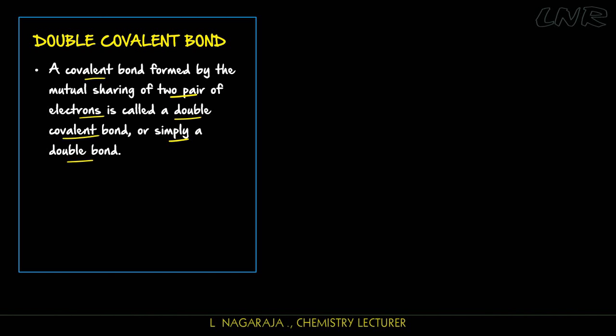For example, let us take the carbon dioxide molecule. The formula for carbon dioxide is CO2. That is, the molecule contains one carbon atom and two oxygen atoms, right? The Lewis structure of this carbon dioxide molecule is written as C and two oxygen atoms.